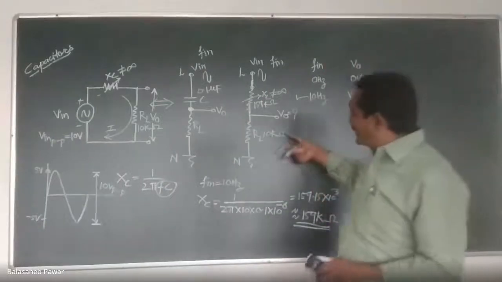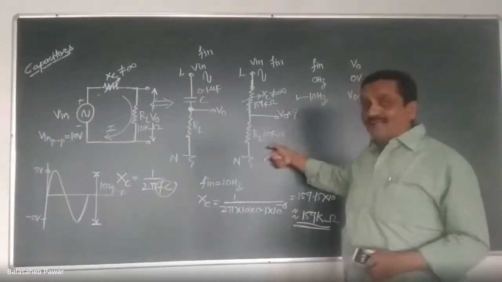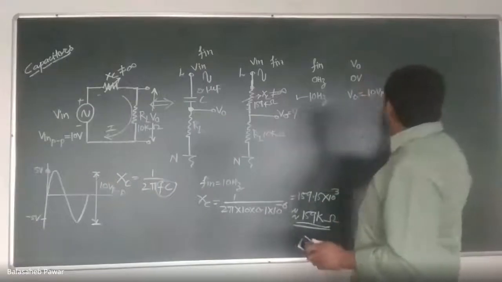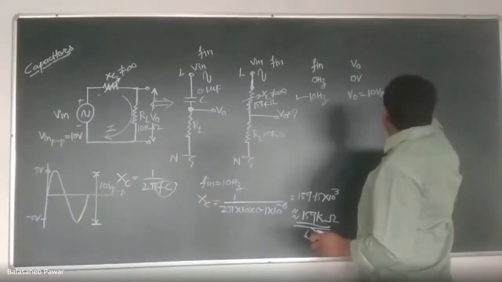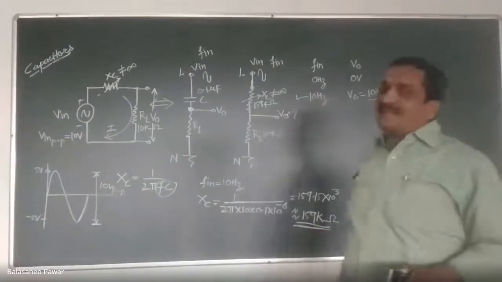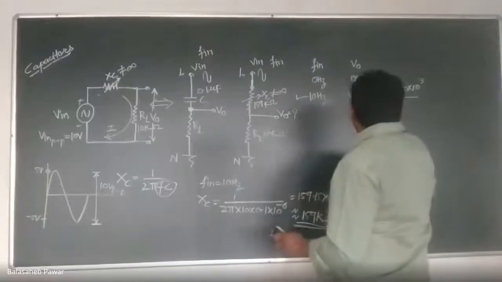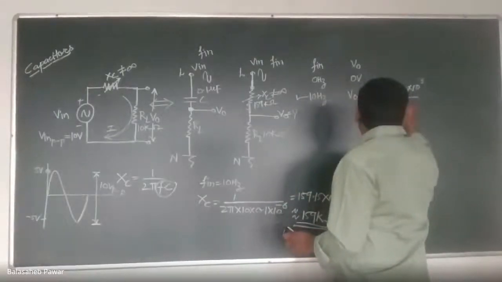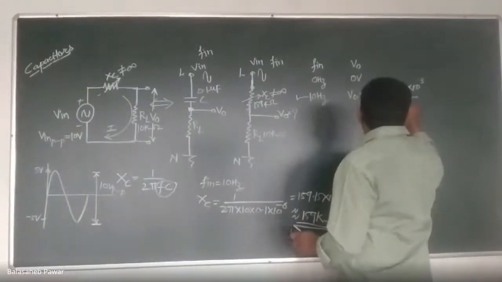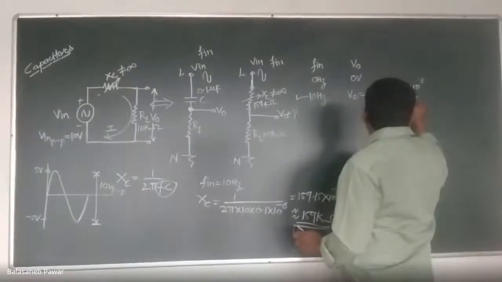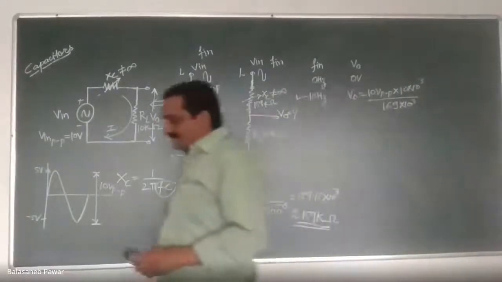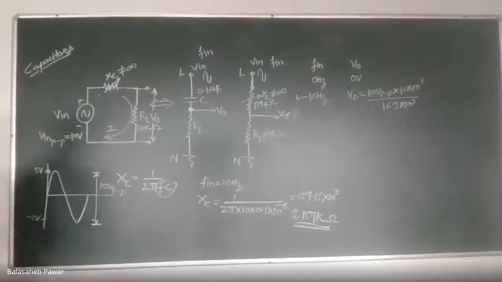We are taking the voltage across RL, which is 10K. So 10 into 10 raised to plus 3, divided by the total resistance of that path. That is the voltage divider rule. So the total resistance will be 169 kilo ohm, that is 169 into 10 raised to plus 3. Is it correct? Check it.